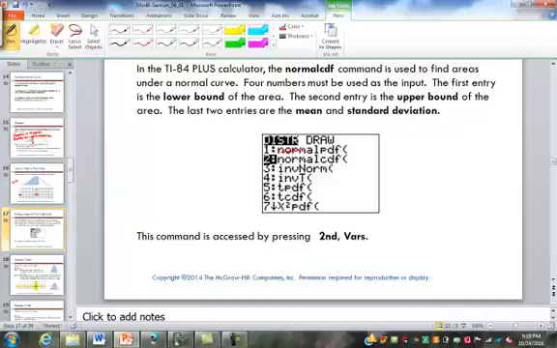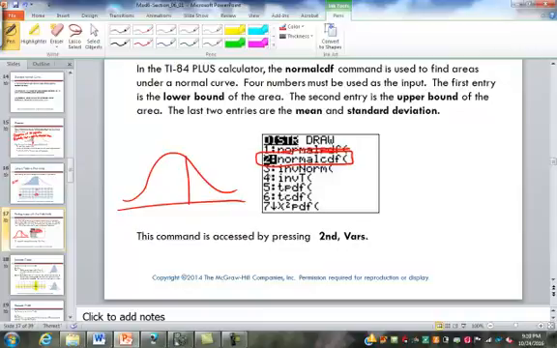We will never use normal PDF. What normal PDF would give you is just the height of the curve at that value. Well, the height of the curve is not a probability. It's an area for probability. That area would be 0. So we are always going to use normal CDF for finding probabilities.